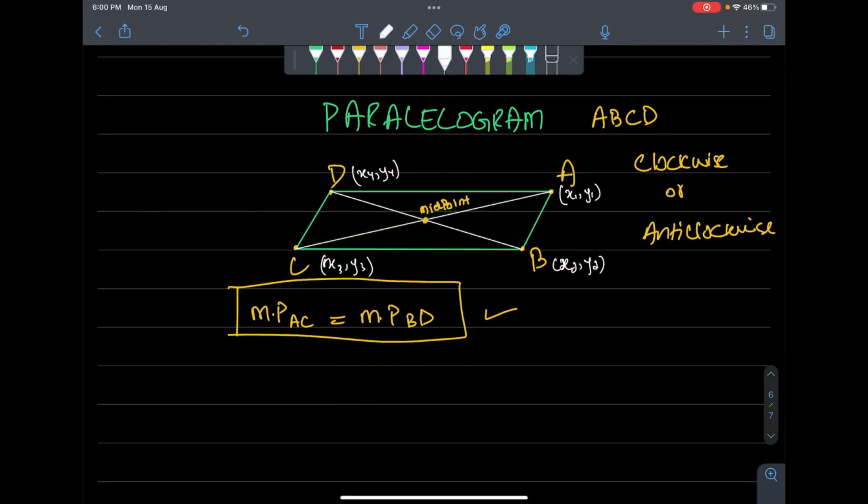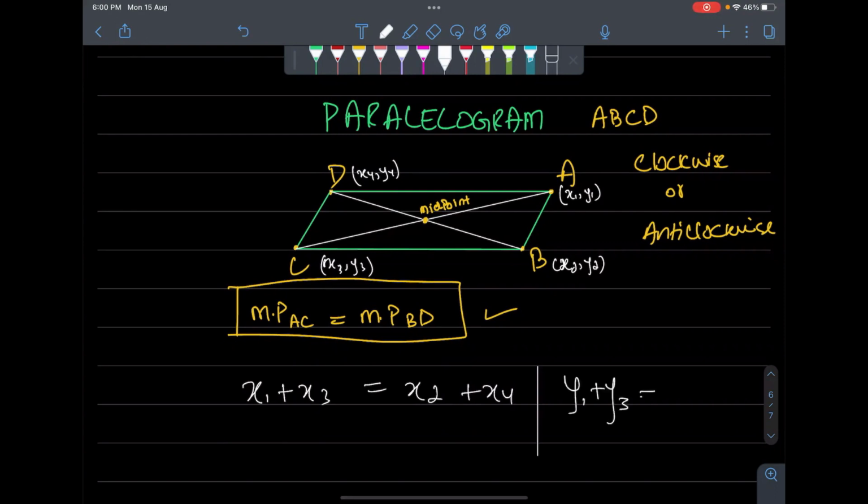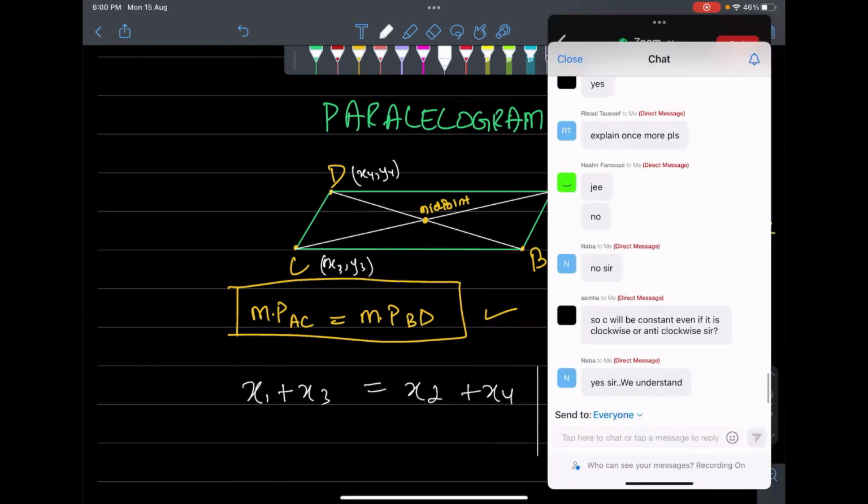So the formula is x1 plus x3 equals x2 plus x4, and same for y: y1 plus y3 equals y2 plus y4. I don't know if you've learned this before, but this is an important thing.